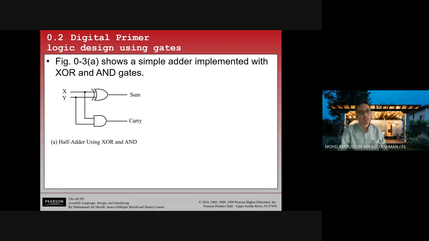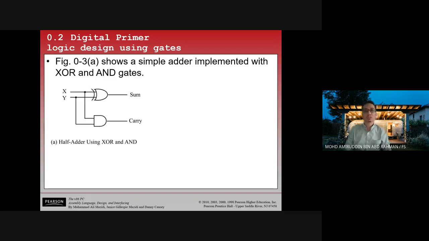All right, so this figure is showing you the addition, which we call a half adder circuit. You might be familiar with the half adder, since it has already been taught in the electronics class as well.